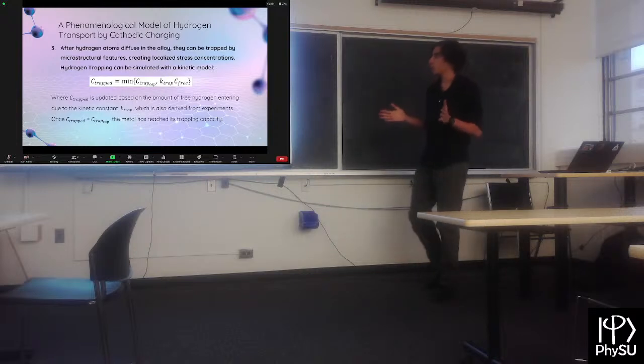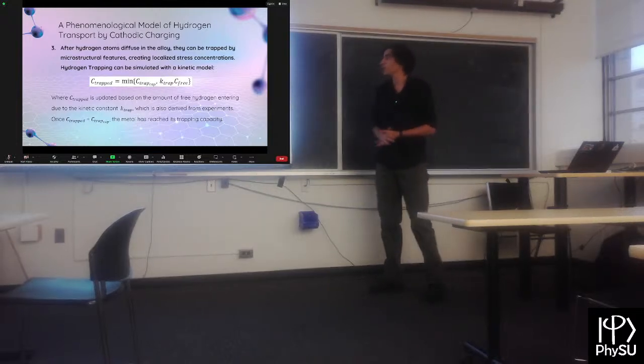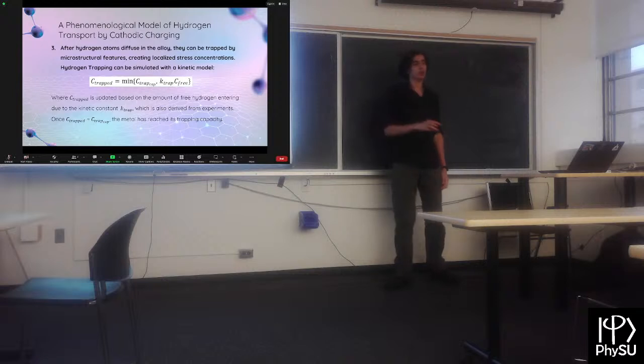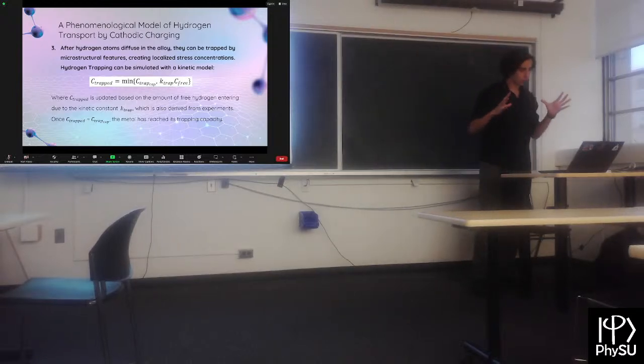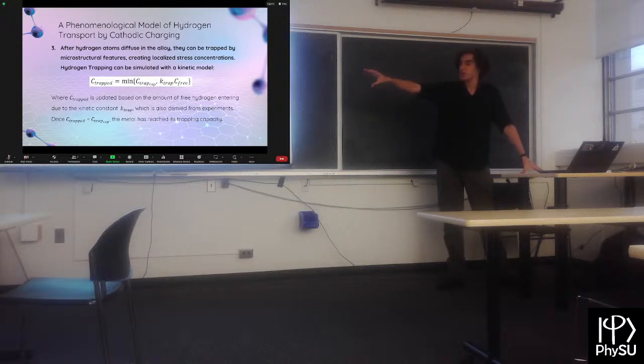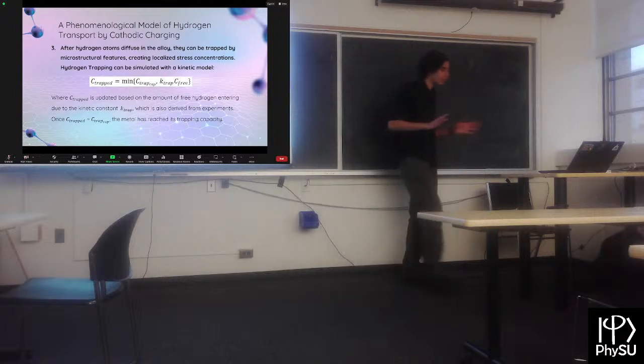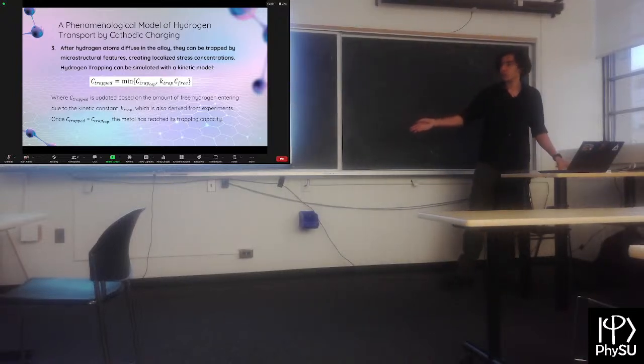Now, the second part, we talked about hydrogen trapping as well. I simulated hydrogen trapping by using a kinetic model. So we have this equation, C_trapped. We're updating the concentration of trapped hydrogen according to the minimum between the trapping capacity, or the maximum amount of hydrogen that can be trapped, and this relationship, K_trap times C_free. K_trap is simply a kinetic constant, which is also derived from experiments and helps guide how much of the free hydrogen is actually being trapped by the metal, right?